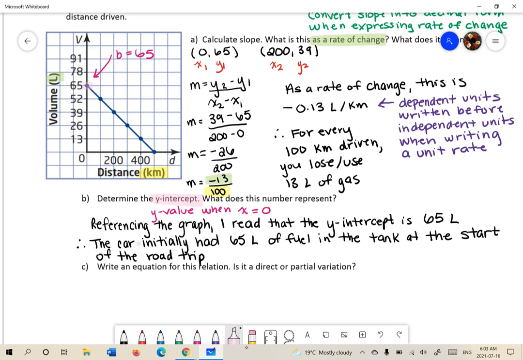Remember, the word initially means your b value.